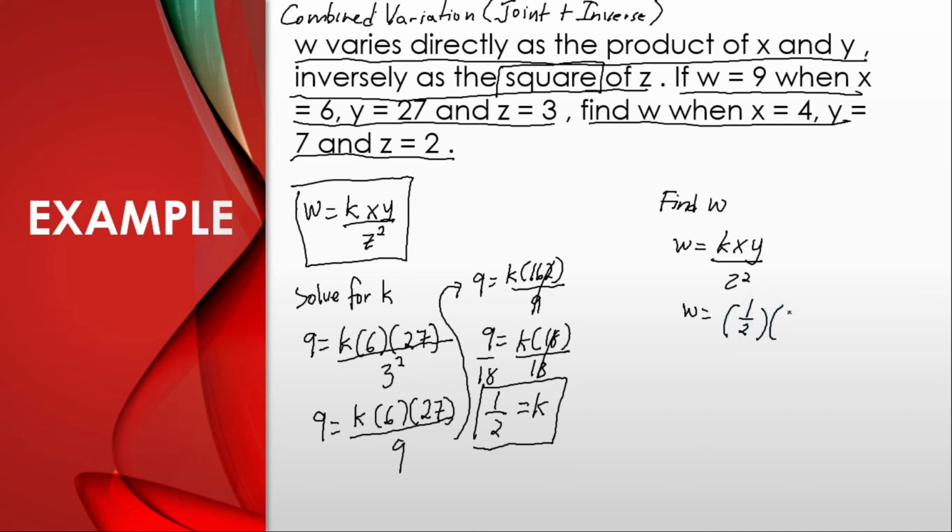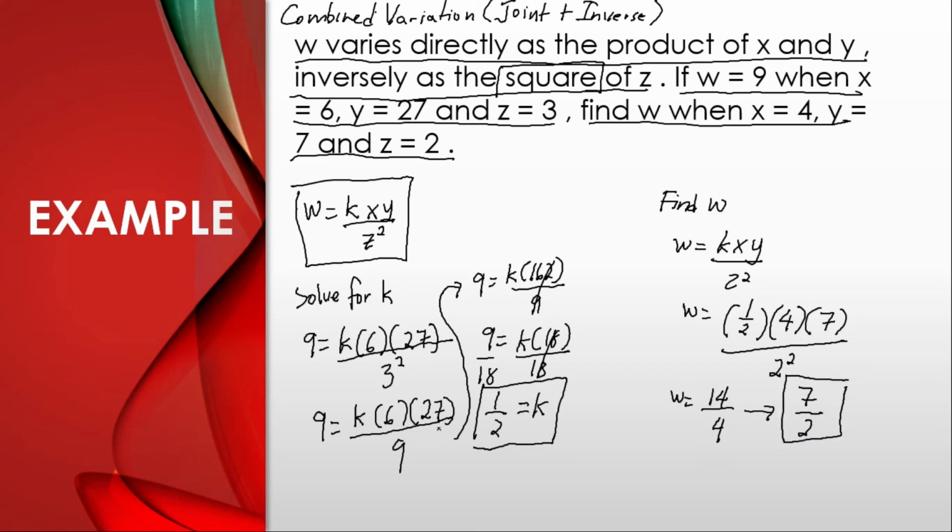That is 4. At yung y naman natin is 7. Ang z naman natin is 2. Tapos square. So, now, we need to simplify this one. Kaya may w is equal 1/2 times 4 times 7. That is 14. At 2 squared is equal kay 4. So, kailangan yung i-lowest term yan. At ang magiging lowest term yan is 7 over 2. So, ang w ninyo is 7 over 2.